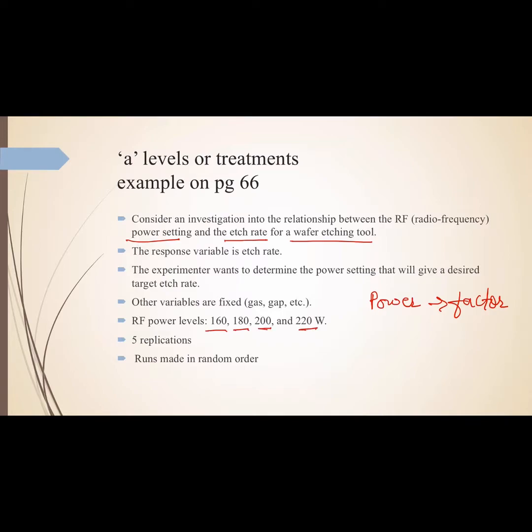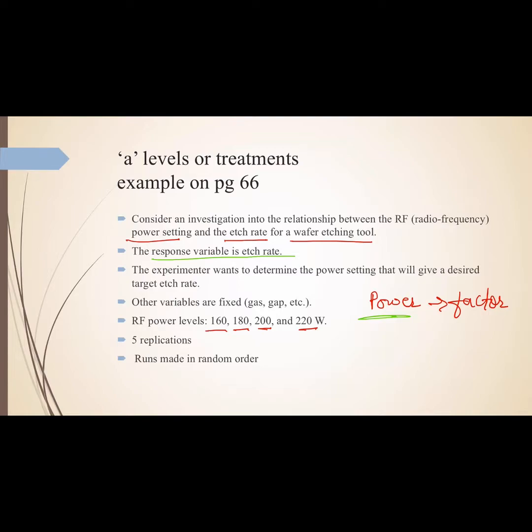Then we want to see what effect each power setting has on the etch rate. So for us the response variable is etch rate, and our input variable, or the variable that we are going to manipulate, is the power setting.